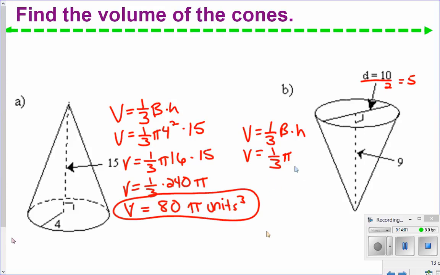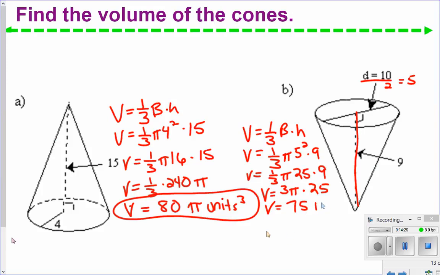So 1/3 pi times 5 squared times the height of the cone, which is 9. 5 squared is 25. So we're going to do 9 divided by 3, which is 3. 3 pi times 25. 3 times 25 is 75. 75 pi. We weren't given any units, so units cubed.